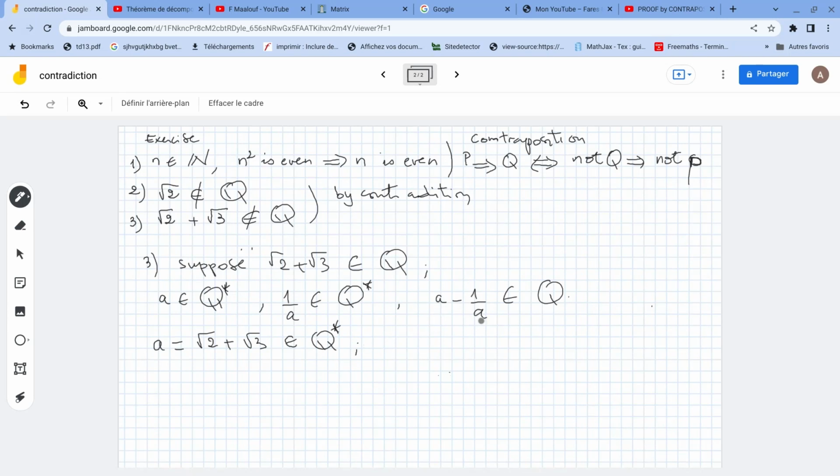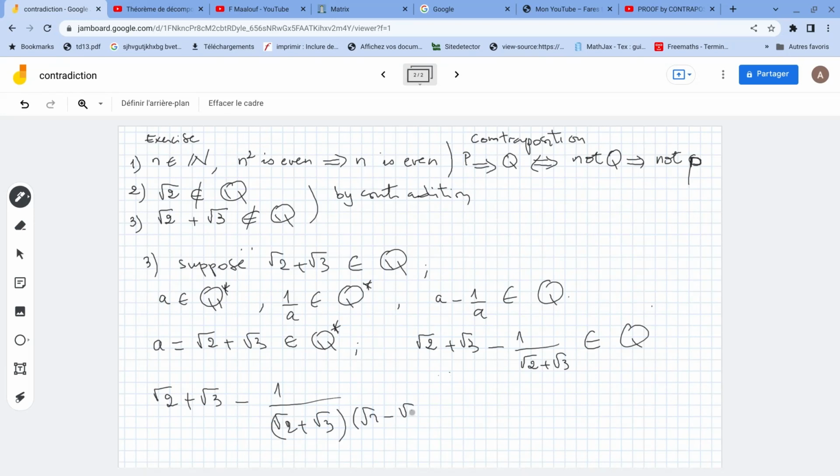So A minus 1 over A is square root 2 plus square root 3 minus 1 over A. A is square root 2 plus square root 3, which belongs to Q. Thus A minus 1 over A belongs to Q. Here I multiply denominator and numerator by the conjugate expression of square root 2 plus square root 3, and it gives square root 2 plus square root 3 minus (square root 2 minus square root 3) over (square root 2 plus square root 3) times (square root 2 minus square root 3).